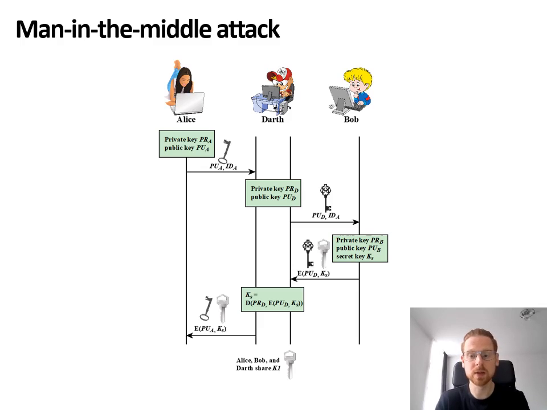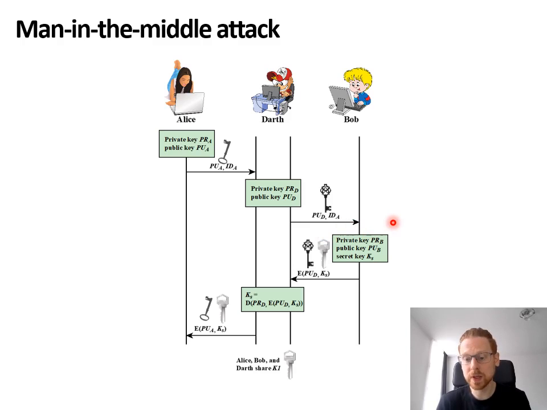Assuming the same method as before, A will send its public key and some identifier to B. However, Dart is an attacker who is able to eavesdrop on and intercept messages exchanged between Alice and Bob. Dart can now exchange the message sent by A with another message sharing its own public key with Bob together with the identifier of A.